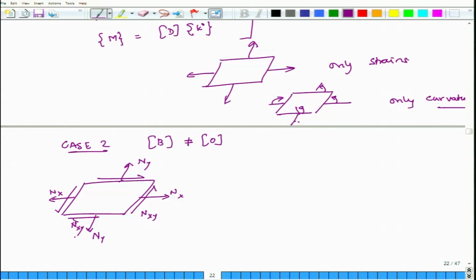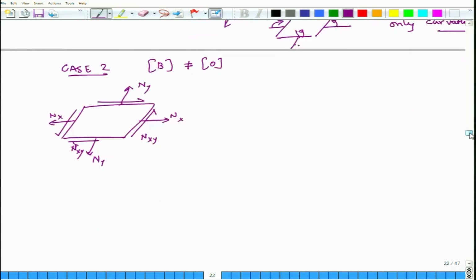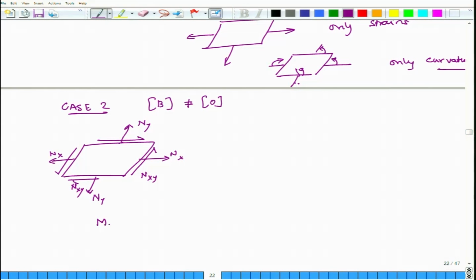And let us say that you do not apply any moments. But then what do the equations tell us? The N matrix is non-zero, and in this plate I am applying 0 external moments. So, this is 0.